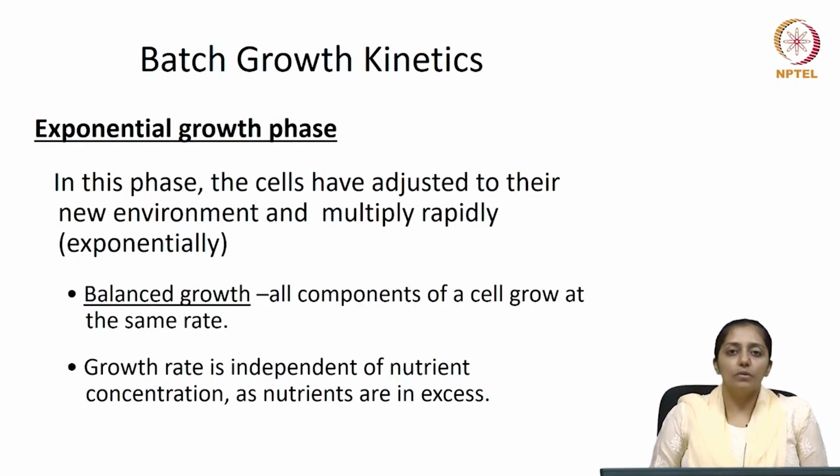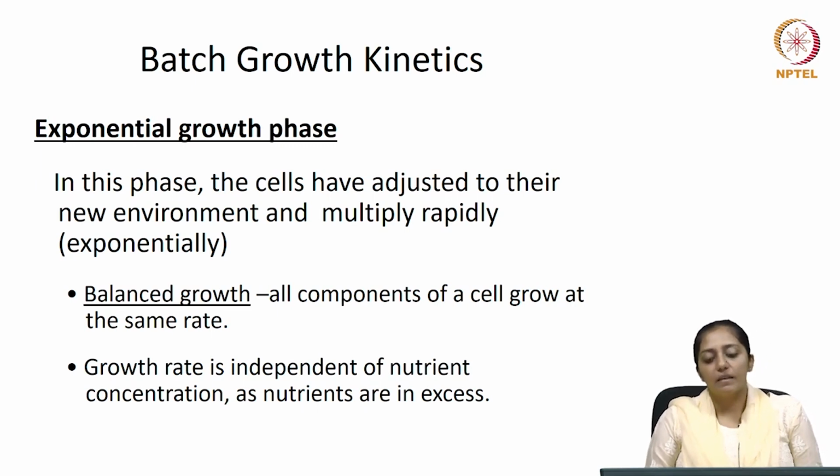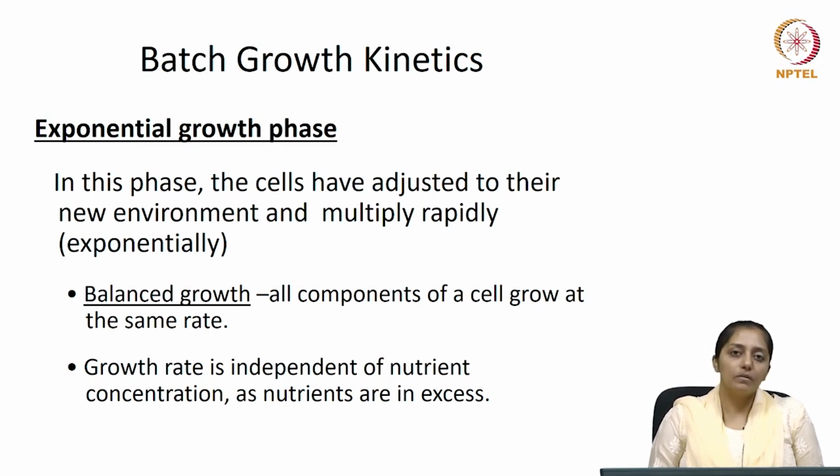Then the exponential growth. One key phase is your lag phase; another key phase in the batch growth curve is your exponential growth phase. In this phase, the cells have adjusted to their new environment and they start multiplying rapidly, or exponentially. Here is when we can assume balanced growth. You remember balanced growth? Balanced growth means all components of the cell are growing at the same rate as the cell number or the cell mass.